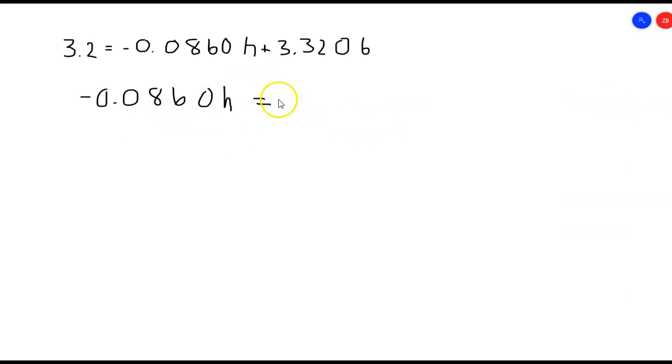0.1206. So negative 0.1206. And finally, I'm going to divide both sides by the negative 0.0860.